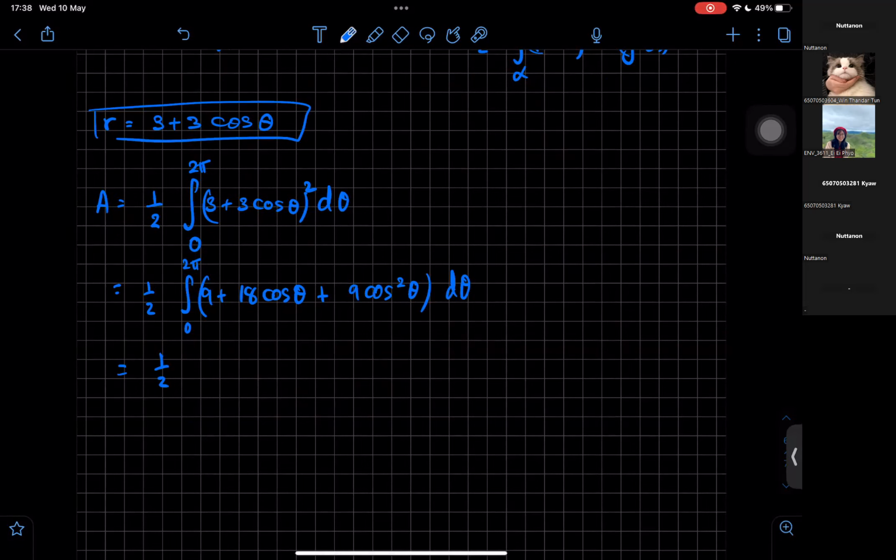This will be 9 theta plus 18 times the integral of cos, which is sine, plus the cos squared term.